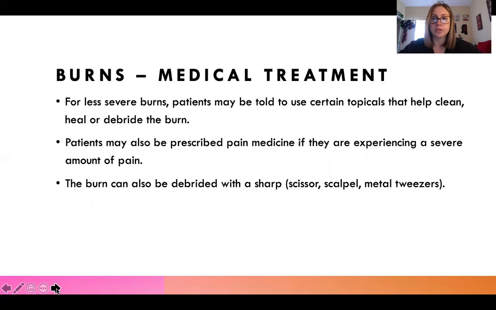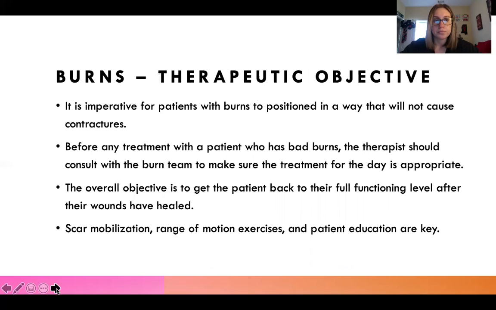For less severe burns, they may be prescribed, or buy over the counter, a topical cream to help some of the pain and burning and to get the redness down. They also might get pain medication because you can have a lot of pain from burns. And depending on if the PT is comfortable with it, they could do debridement with sharps, or this could be done by the medical doctor as well.